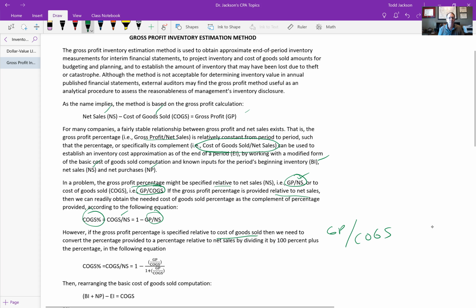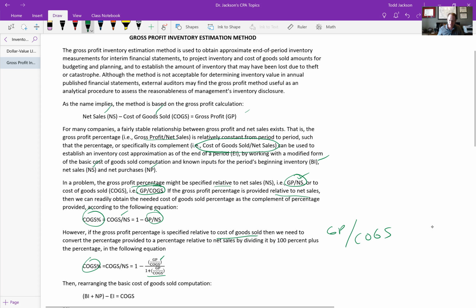If that's the case, then we need to convert it to a gross profit percentage that is relative to net sales and then subtract that from 1 to get our cost of goods sold percentage. It's a fairly easy conversion. Basically, we take that gross profit percentage that we're provided relative to cost of goods sold, and we divide it by 1 plus that same percentage.